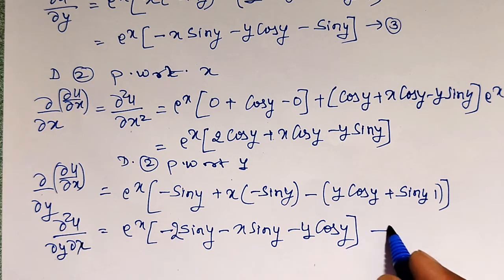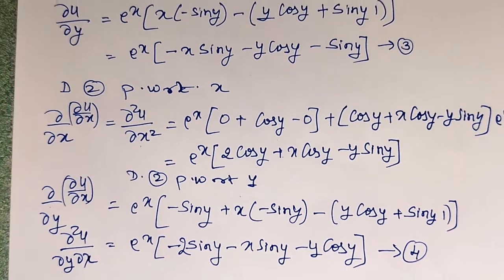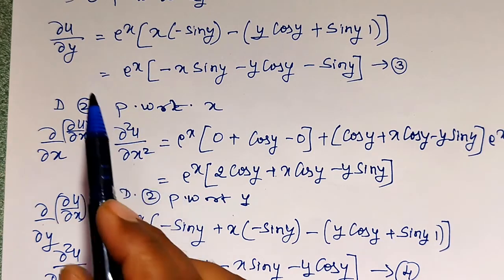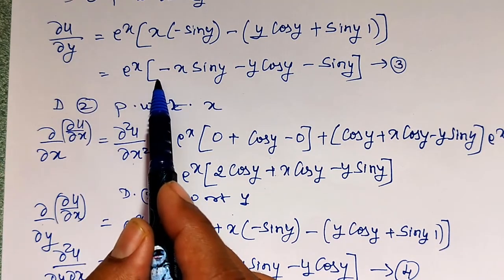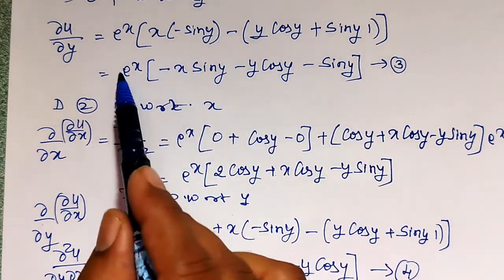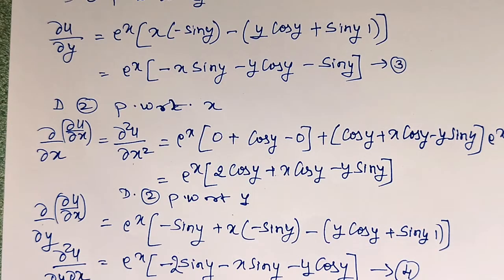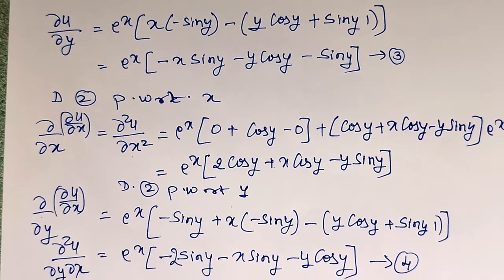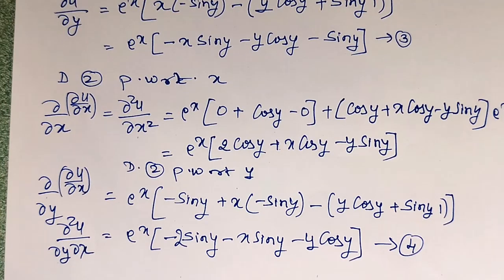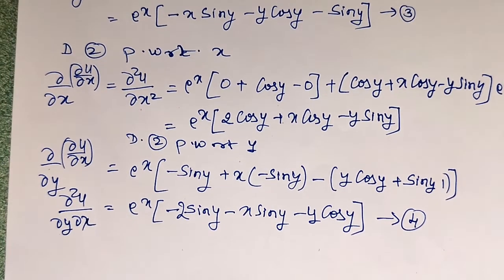Correct? This notation I can write as del square u by del y del x. Let me call this equation number 4. Similarly, equation 3 is my del u by del y. This del u by del y again can be differentiated partially with respect to x as well as with respect to y. Therefore, let me differentiate equation 3 partially with respect to both x and y.